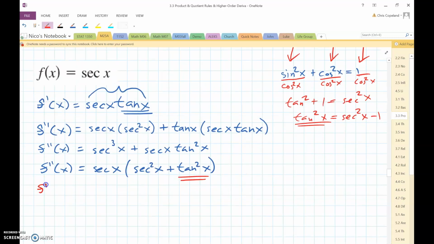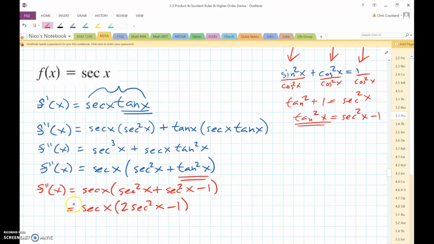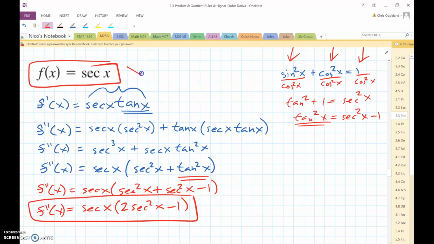So now I've got secant x times secant squared of x plus, I'm going to replace tangent squared of x with secant squared x minus 1, and then this would be secant x times 2 secant squared x minus 1, and then this would be the double derivative of our original function.